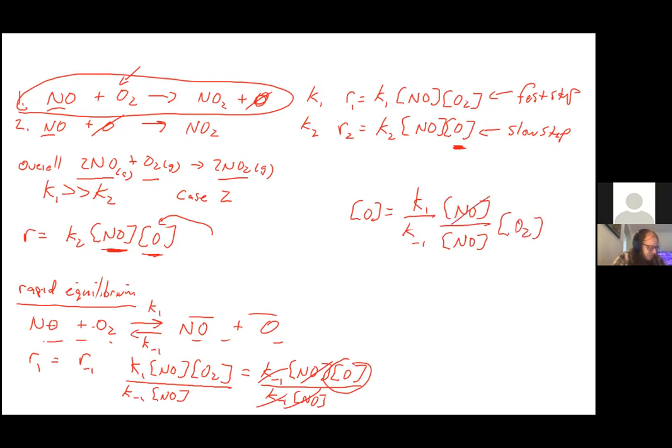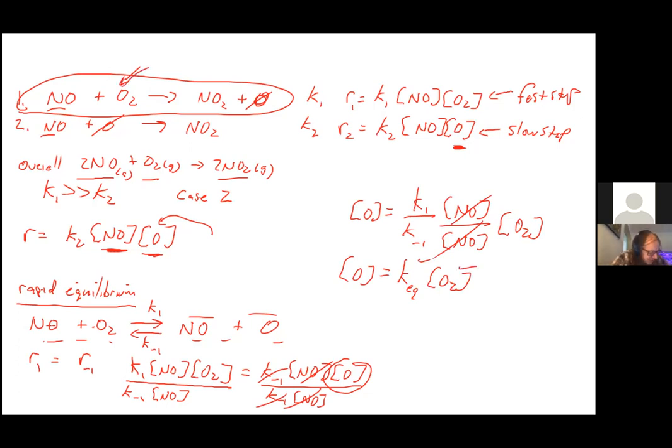This cancels. So concentration of O is just equal to K1 over K minus 1, which is another constant. So I'll call it KEQ for equilibrium, times concentration of O2. So now it's in the form of a constant and a concentration of O2, which is a reactant.